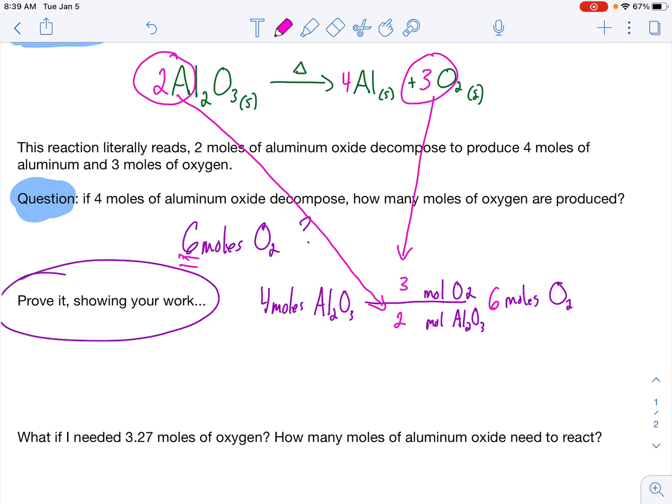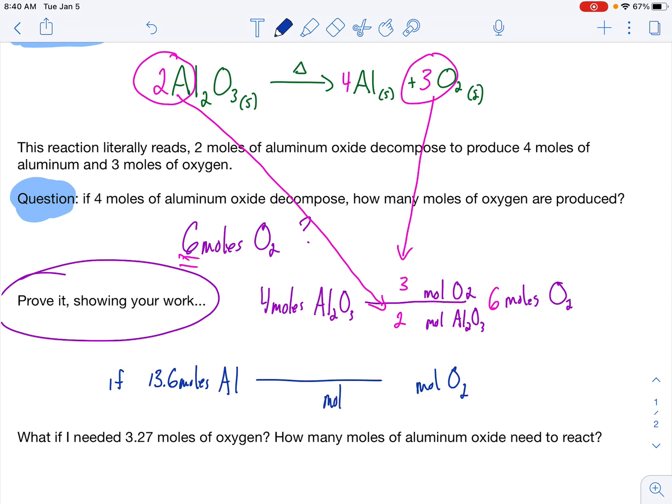You can do this with any component part of the reaction, all right? If I were to quickly ask you, okay, if 13.6 moles of aluminum are produced, how many moles of oxygen are produced with it? So once again, now I'm looking for moles of oxygen. I started with moles of aluminum.